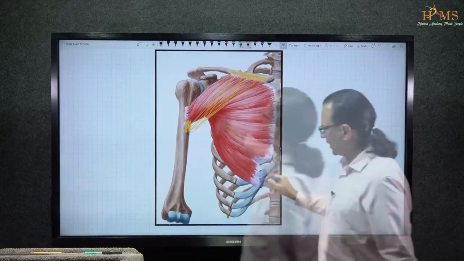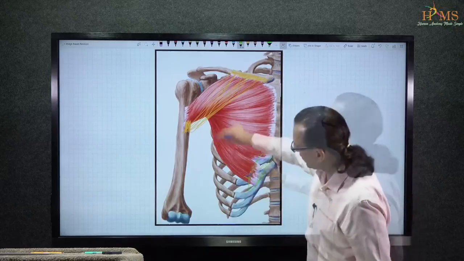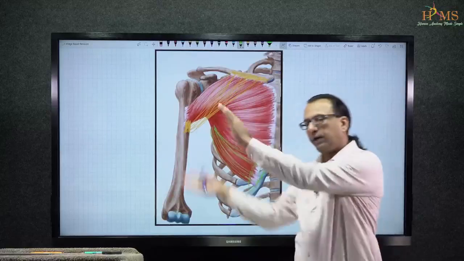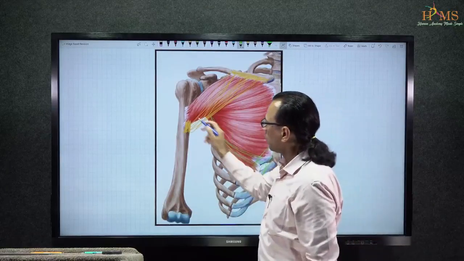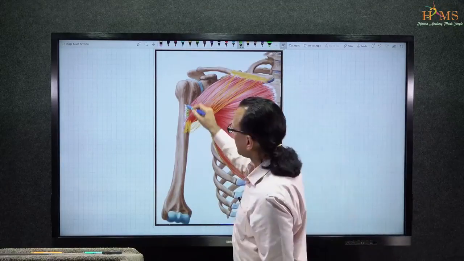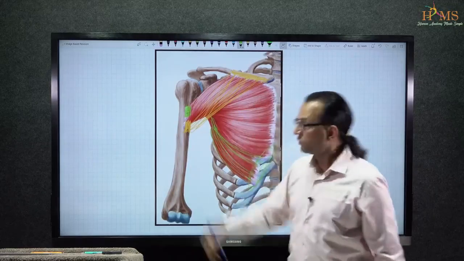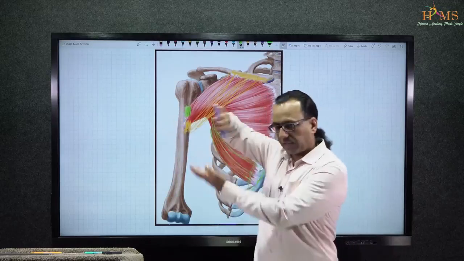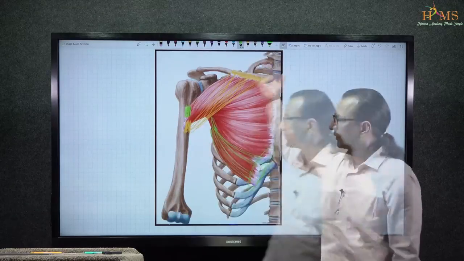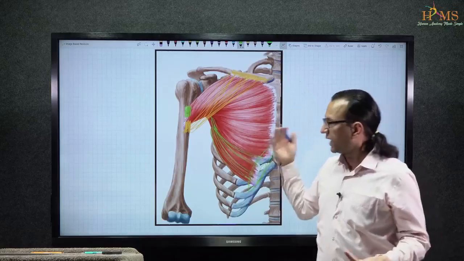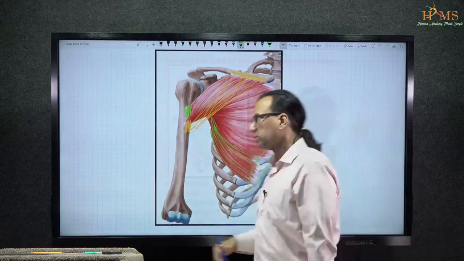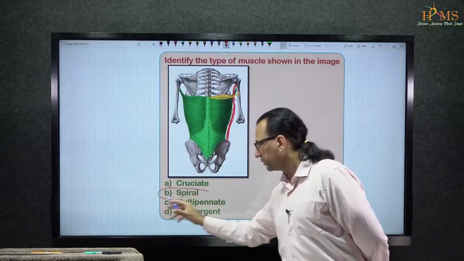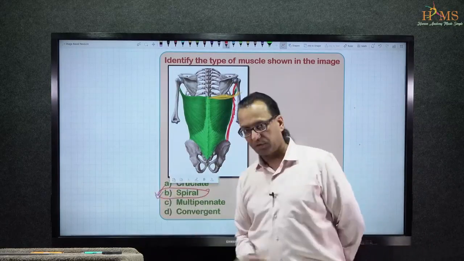Similarly, if you look at the lower fibers, which are costal fibers, you'll find that they are coming from inferior, but they will have a 180-degree spiral, and ultimately they go and attach superiorly here at the lateral lip of the bicipital groove. So upper fibers inserted lower and lower fibers inserted upper, and that happens because of spiral fibers. Pectoralis major has the spiral fibers, and same goes for latissimus dorsi also. So in this question, we'll keep our answer as 180-degree spiral fibers, just like pectoralis major muscle.